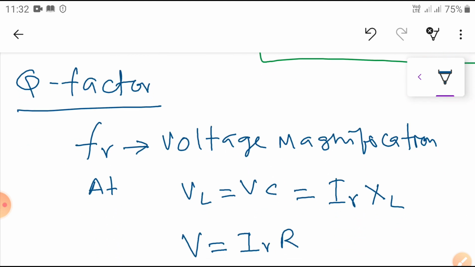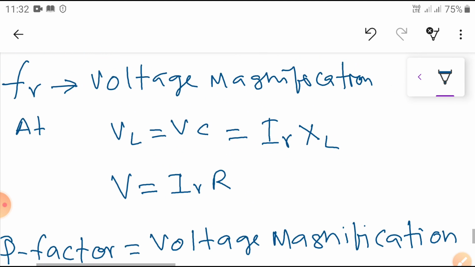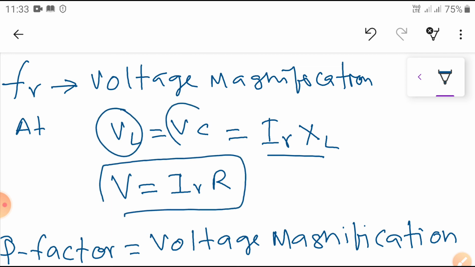Quality factor is equal to the voltage magnification factor, and at that condition the voltage across the inductive coil is equal to the voltage across the capacitance, both are equal. So it is taken as IR into the inductive reactance, or you can take XC also. So at that condition, XL is equal to XC.